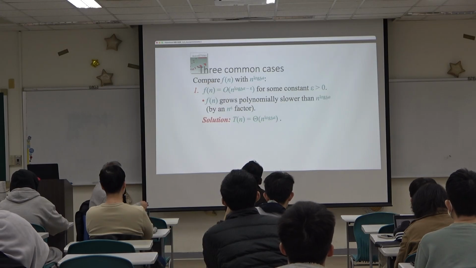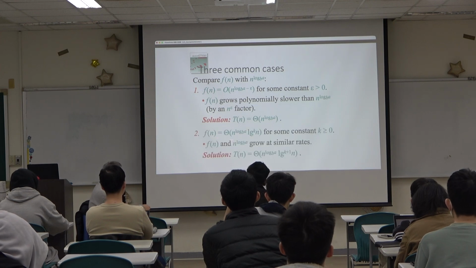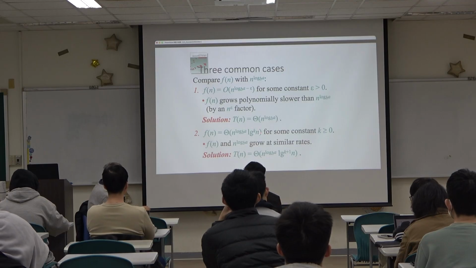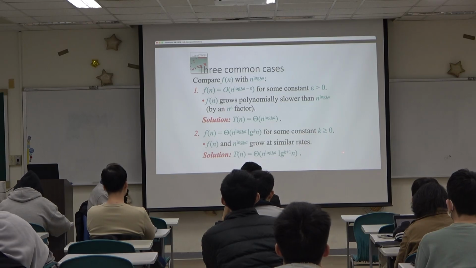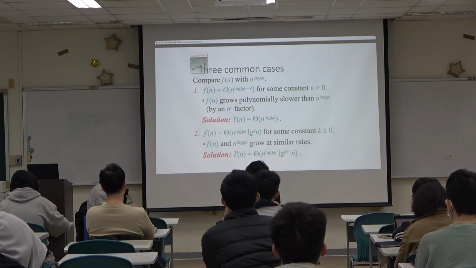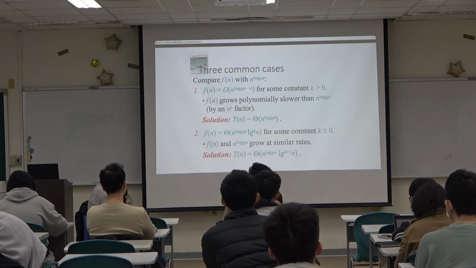Case 2: this is log to the k of n, where k has to be greater or equal to 0. In the case that we observe, k is -1, right? So unfortunately, it doesn't fit case 2.